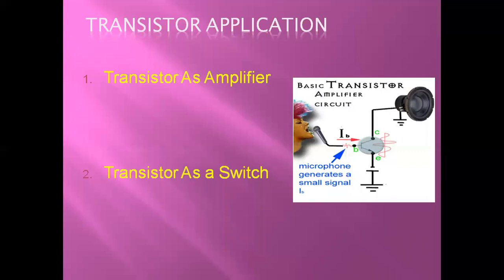Transistor as an amplifier, transistor as a switch. So, the basic transistor amplifier circuit: here it specifies that the base is common, the input is supplied at the emitter, and the collector is given the connection towards the output.